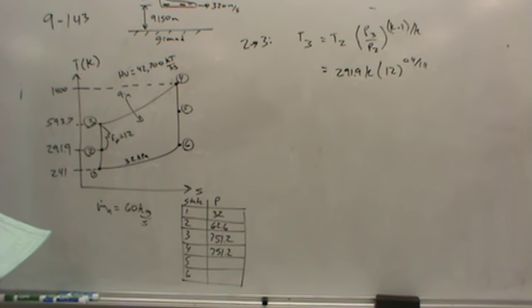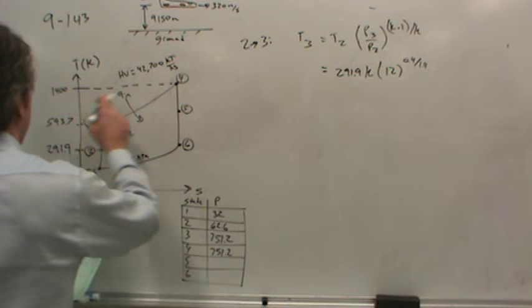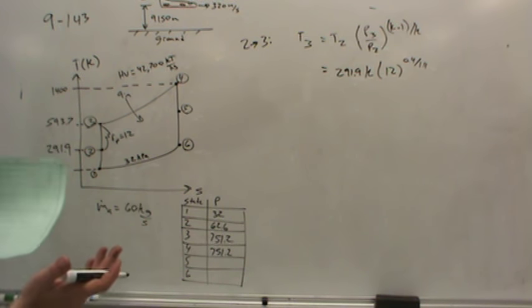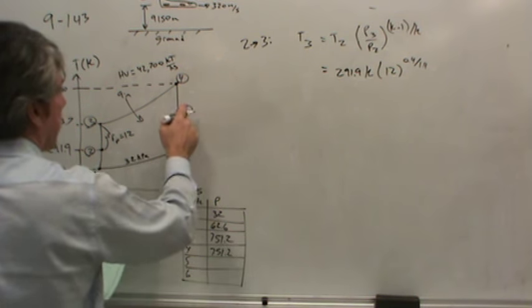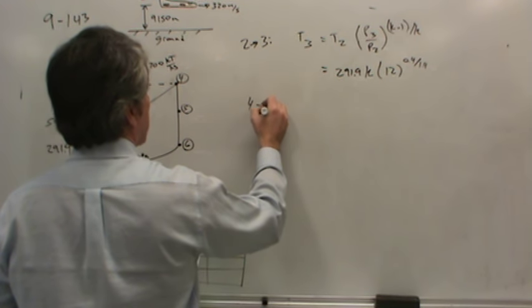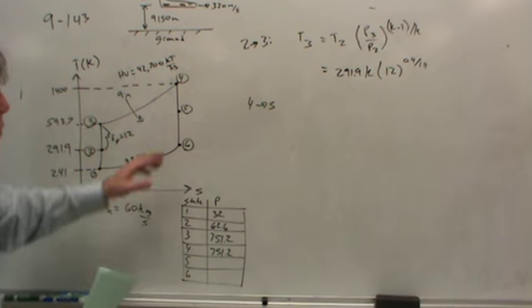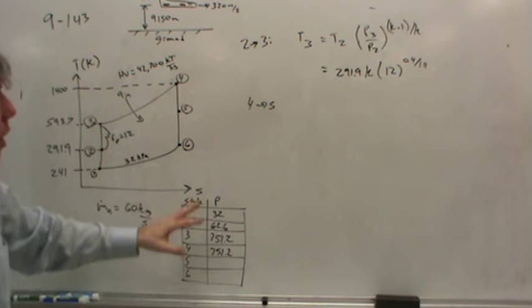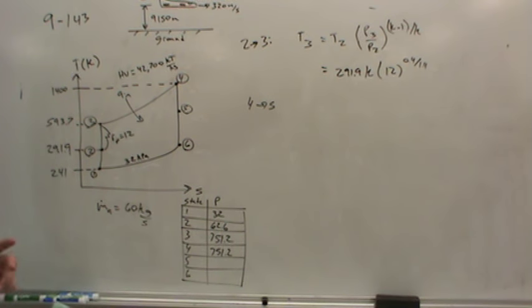Now we already know the temperature in state 4. That was given. So what could we do to continue around and go from state 4 to state 5? Notice we have the pressure at state 4 as well, so it is completely solved. States 1 through 4 are completely solved at this point, temperature and pressure.